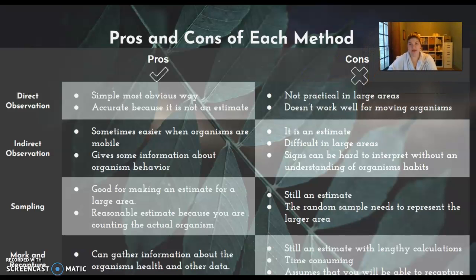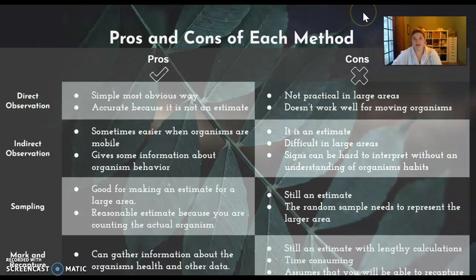Okay, so each method has pros and cons, and that's why we have different methods. If there was a method that didn't have any cons, then I could just use that method for all scenarios, but we need to pick which method works best for what scenario. Direct observation, it's excellent because it's very accurate, right? We're not making an estimate, and it's simple and obvious, just count them.